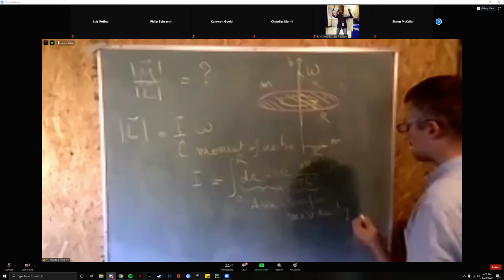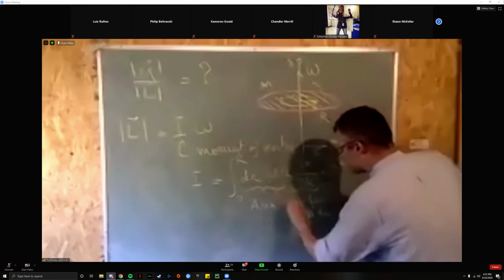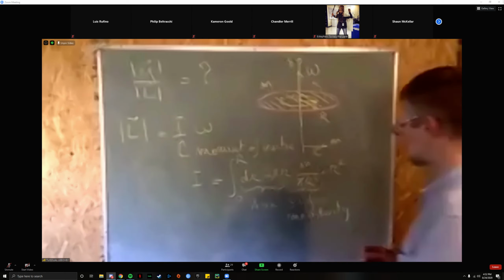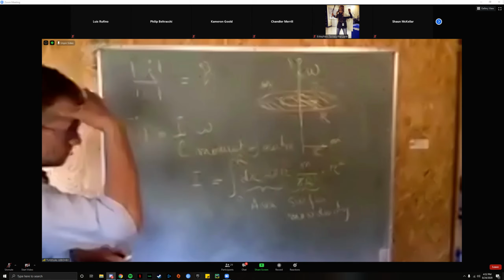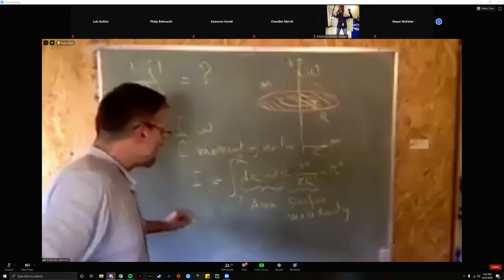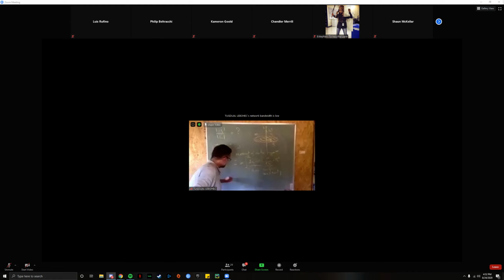Okay, so you see the pi simplifies. Let me rewrite that a bit cleaner. So I have I, and I have a 2 here, so I can bring that out. I have an m, which I can bring out. I have a 1 over capital R squared.